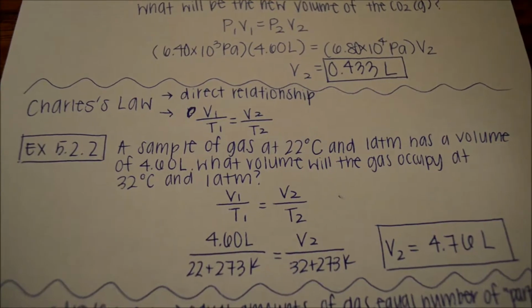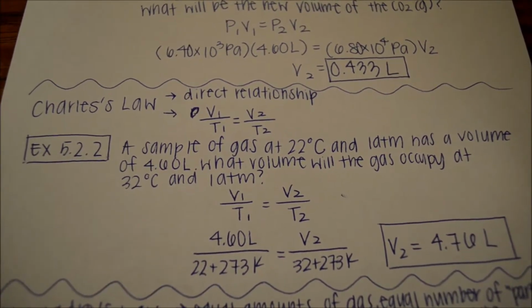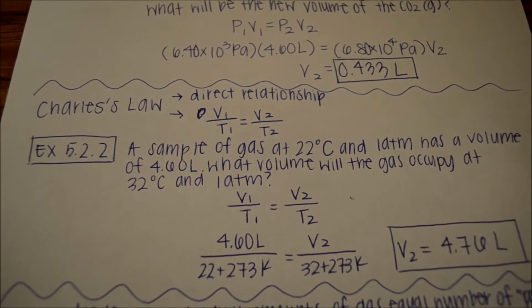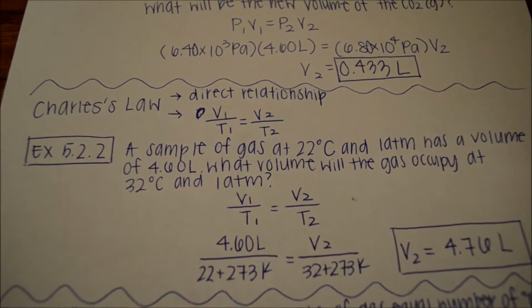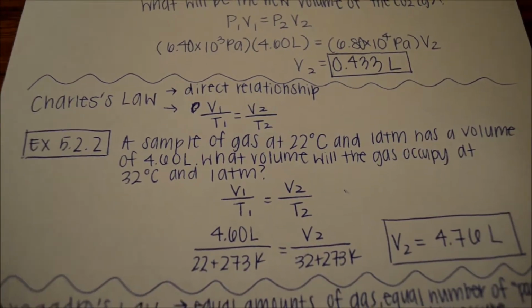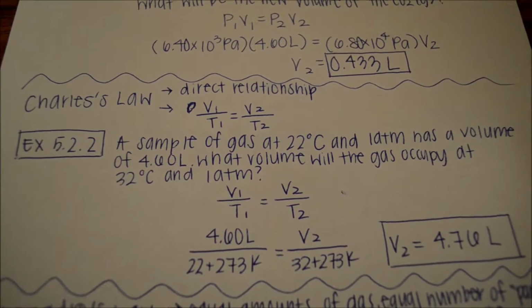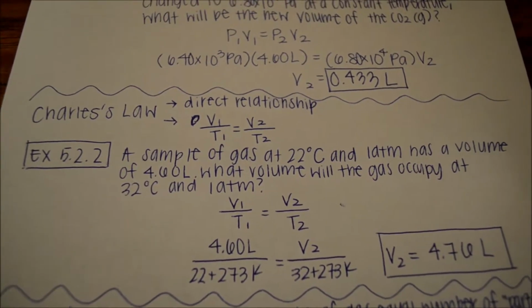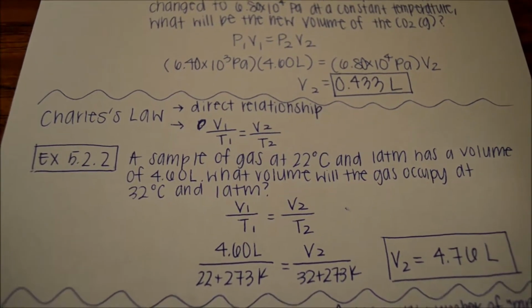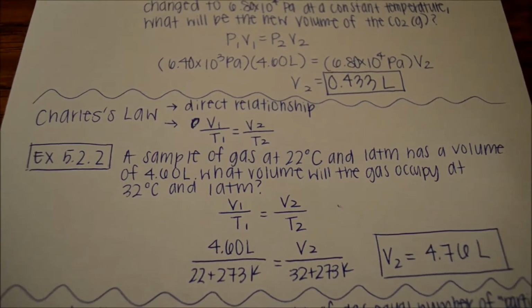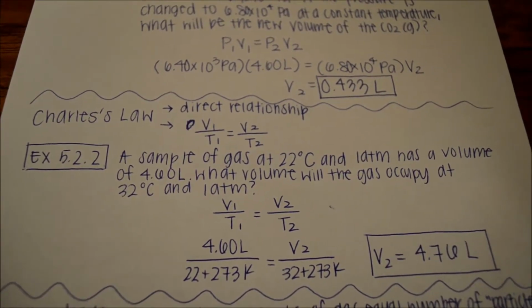V1 equals 4.6 liters over T1, which is 22 degrees Celsius plus 273 Kelvin. You set it equal to V2, which is what you're trying to find, over 32 degrees Celsius plus 273 Kelvin. And you plug it into the calculator, and you find that V2 equals 4.76 liters.